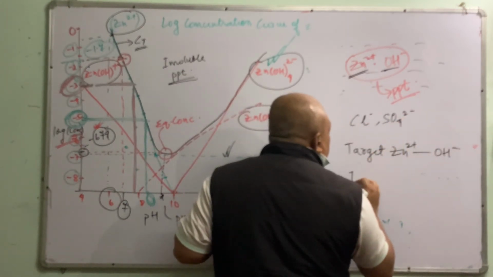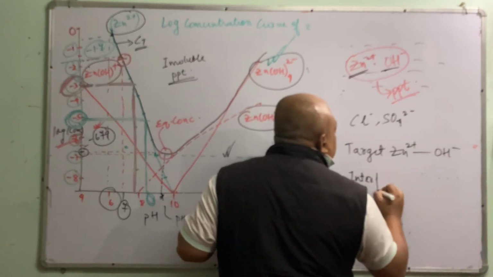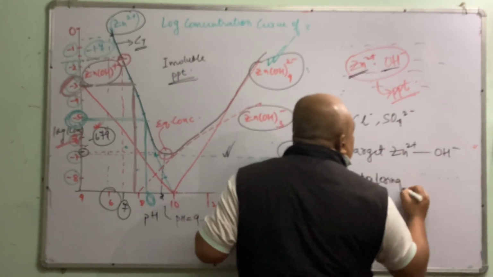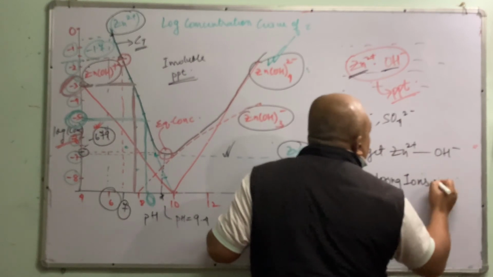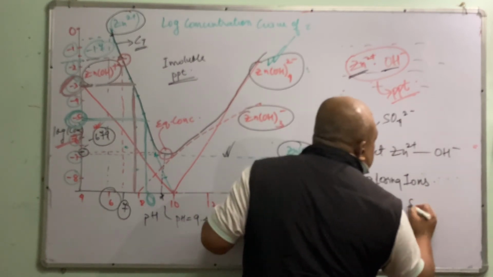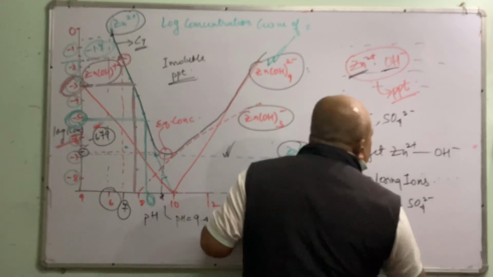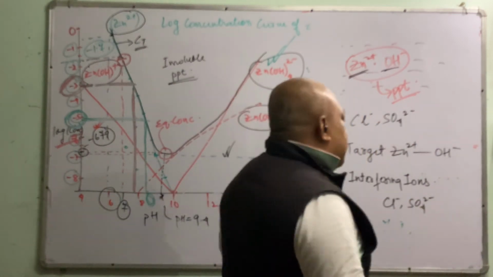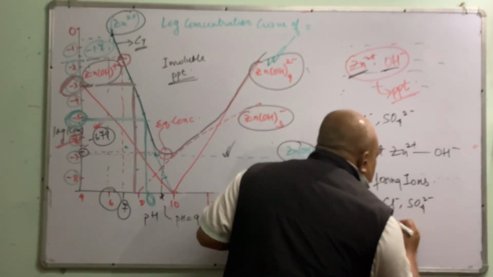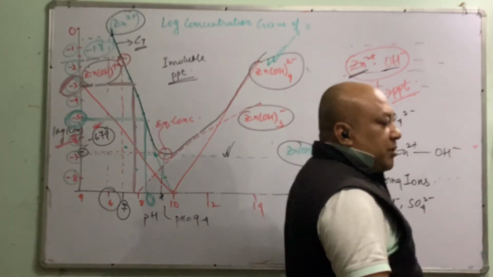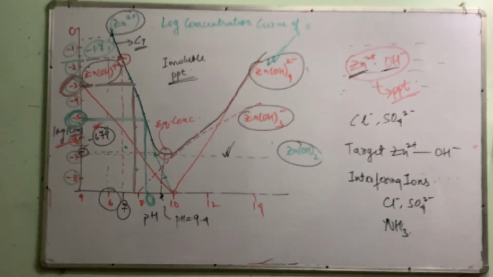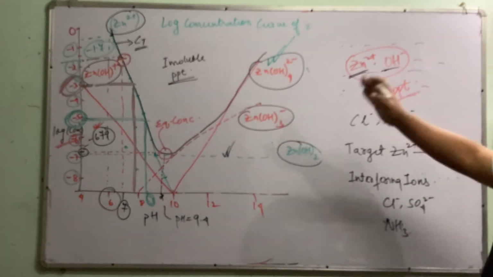These ions are called interfering ions, like chloride, sulfate, any other ions, and especially sometimes NH3, ammonia, also there in the wastewater. Fine. Now then you may say, so even if I do something, there will be other more ions. Yes. Being MTech students, we are just trying to teach you how to make the low concentration curve.